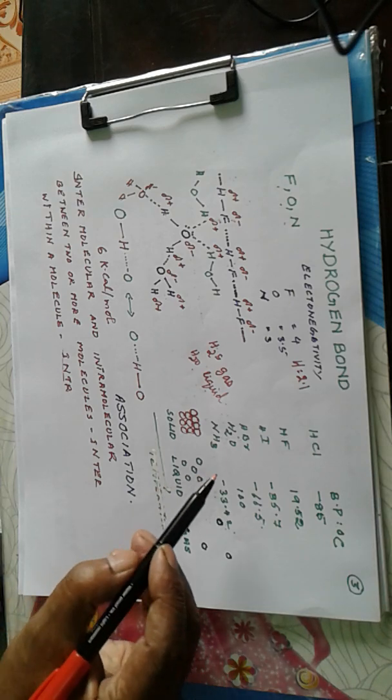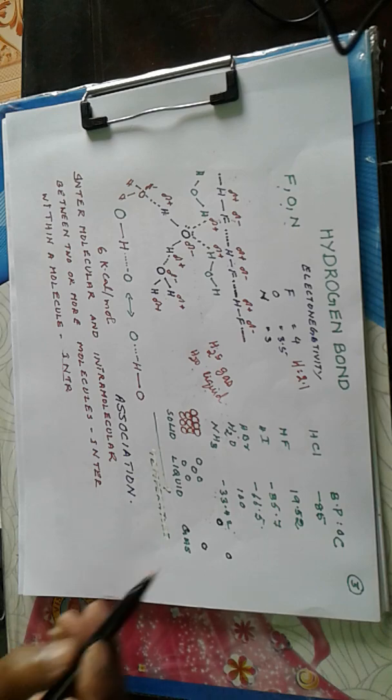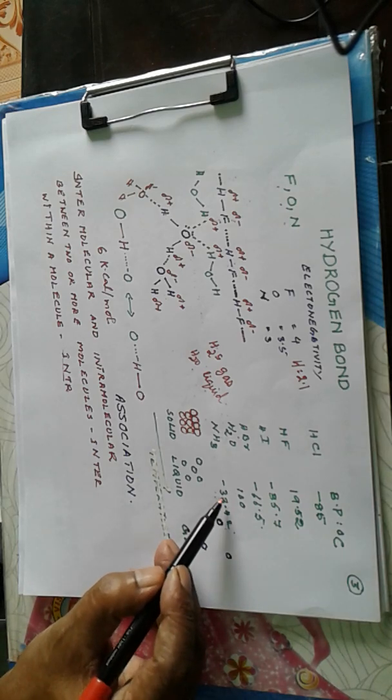Now in the case of ammonia, the boiling point is very low, minus 33.42. In ammonia, the hydrogen bonds are very weak, and this may be due to the small electronegativity difference. For nitrogen, the electronegativity is 3, and for hydrogen it is 2.1. So a difference of about 0.9.